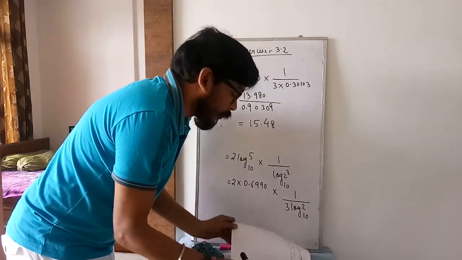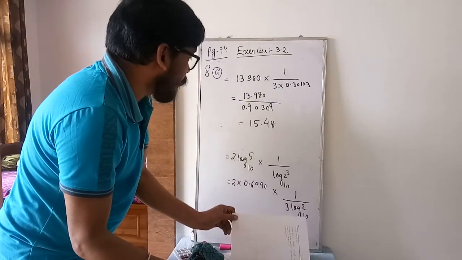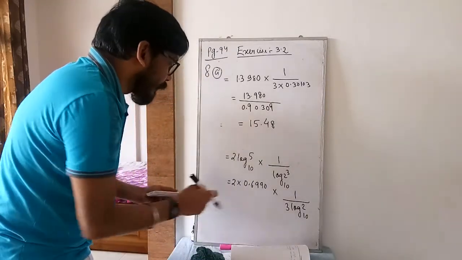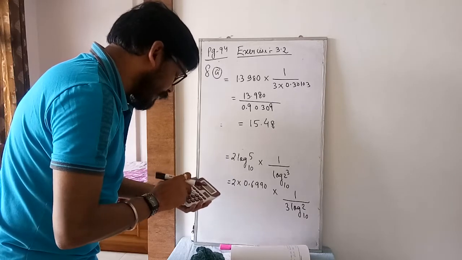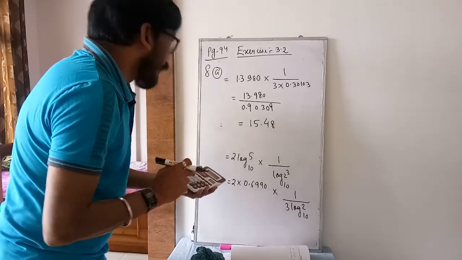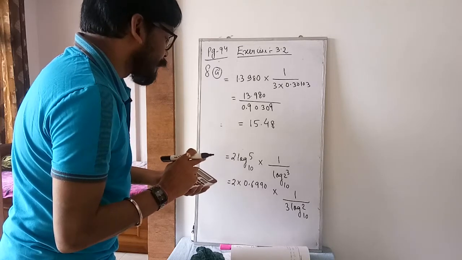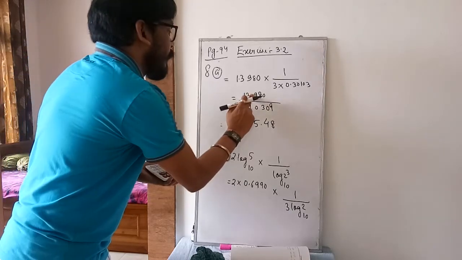Let me check the answer. Okay, 15.48 I got, but in the answer it is given as 1.548. Just a minute, did I do something wrong? Let me check it. 2 into 0.6990 will be 1.3980. Oh sorry, yes, I wrote 13.